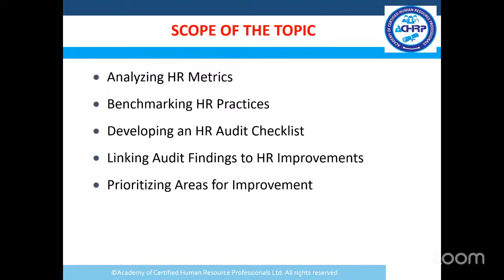Those are the results that we get from the HR audit, and try to link them to our corporate objectives. It is important for us to link these findings to corporate objectives for purposes of alignment.